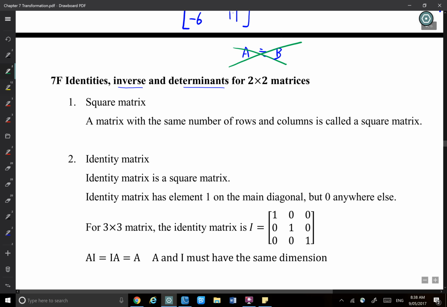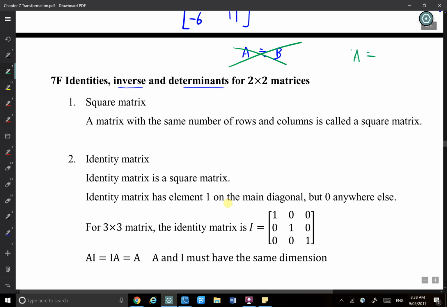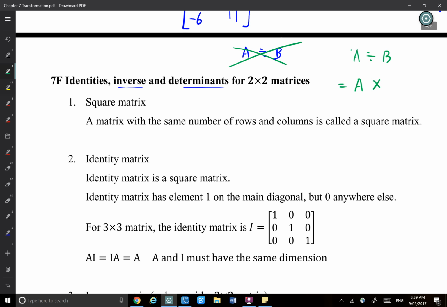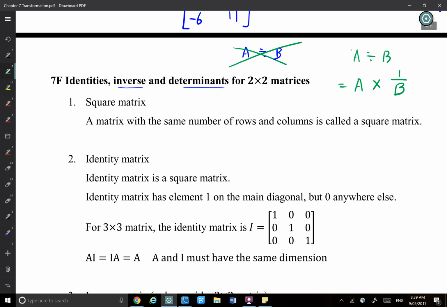So if we can't divide by B, let's say in numbers, we have A divided by B. So that equals A times what? A divided by B equals A times 1 over B, yes. Okay, dividing by something equals times the inverse of that number, right?